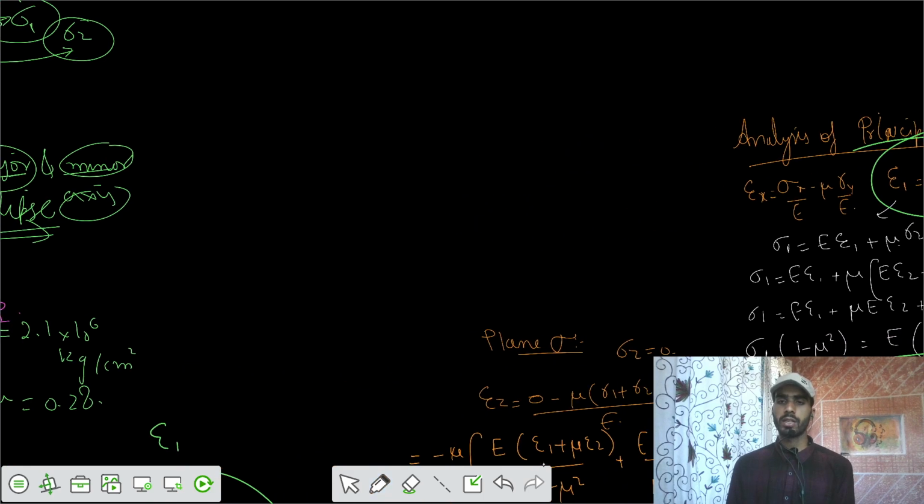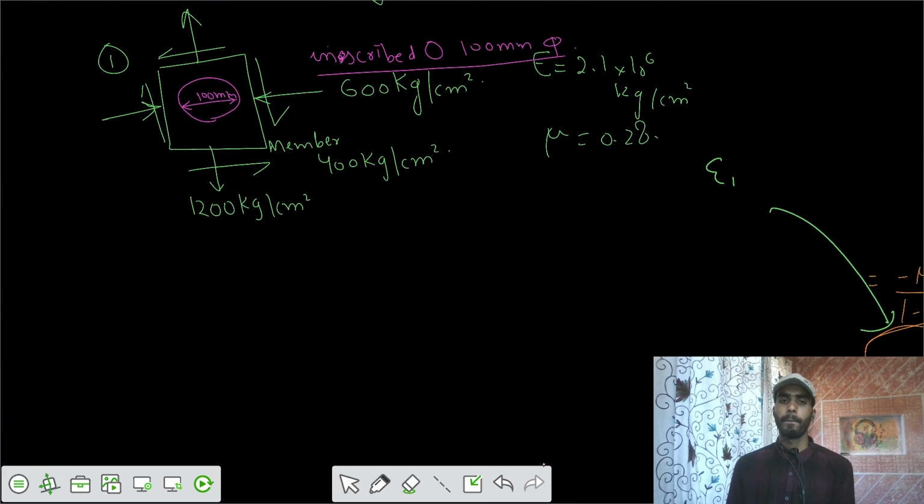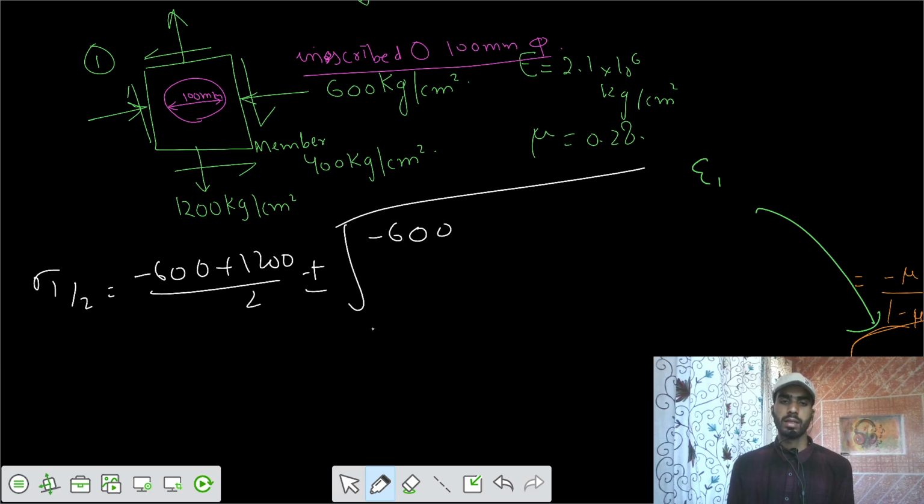Before that you have to get the major and minor principal stresses, let's say sigma 1 and sigma 2. Let's write sigma 1, sigma 2 equals (sigma x plus sigma y) by 2 plus or minus root of ((sigma x minus sigma y) by 2) whole square plus tau xy whole square.